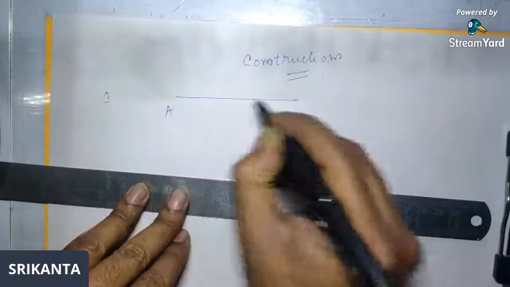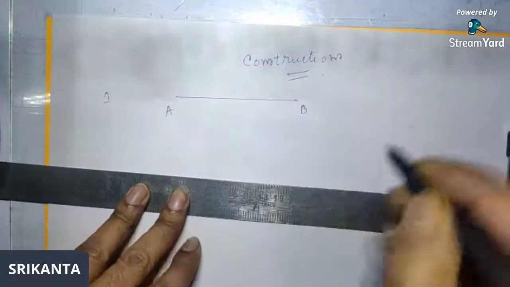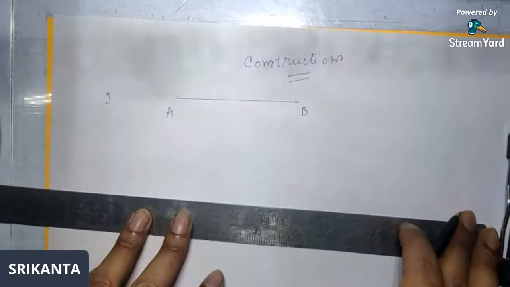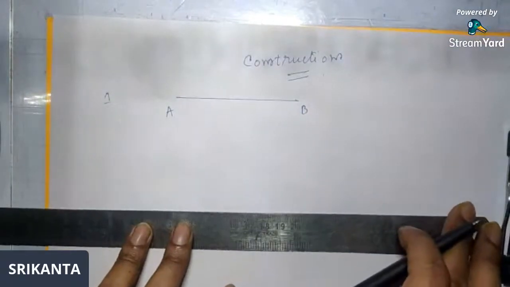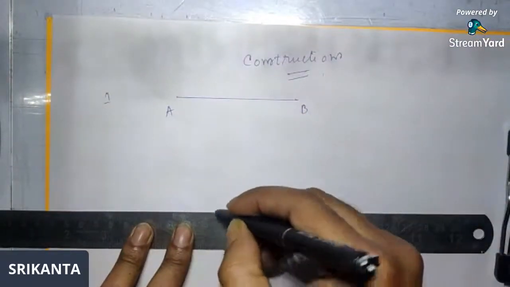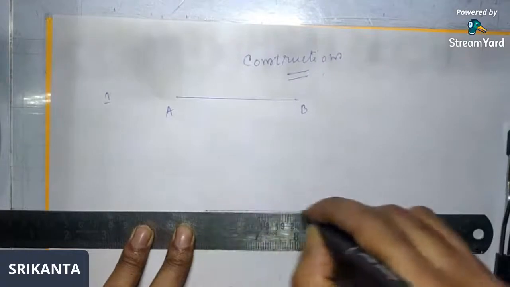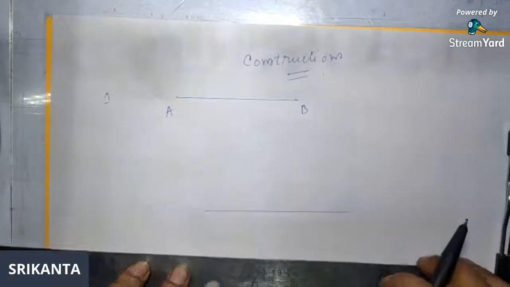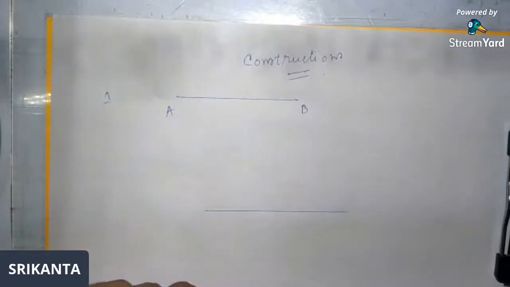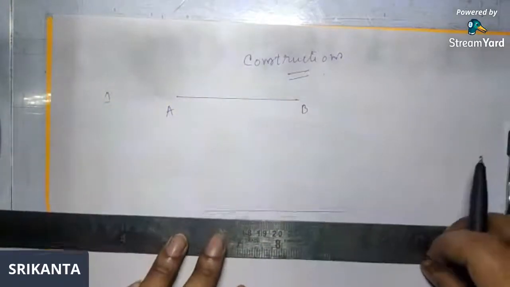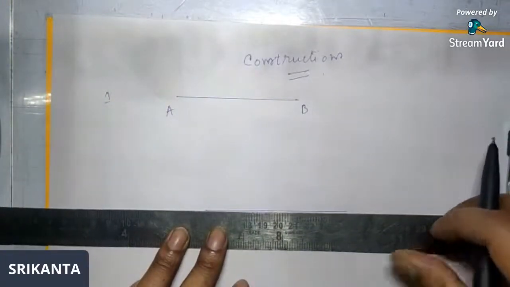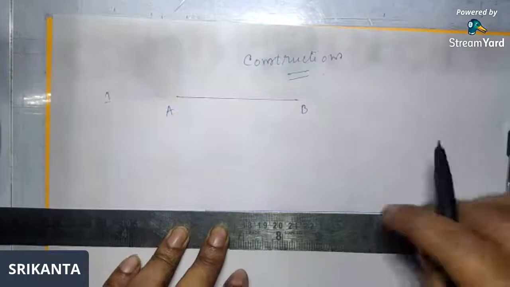Suppose this is AB. This is 7.6 centimeters. Let us draw a big line segment then. Now this line segment should be bigger.